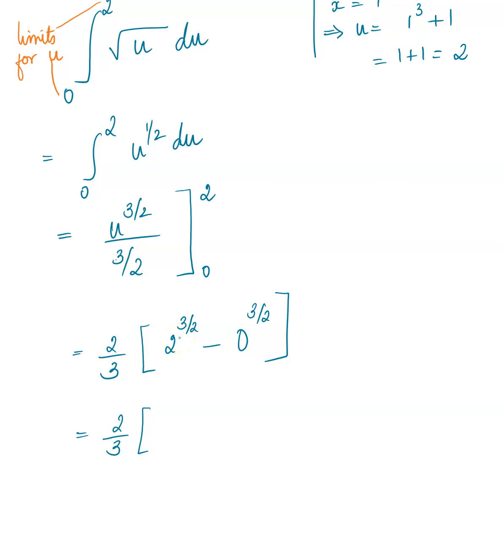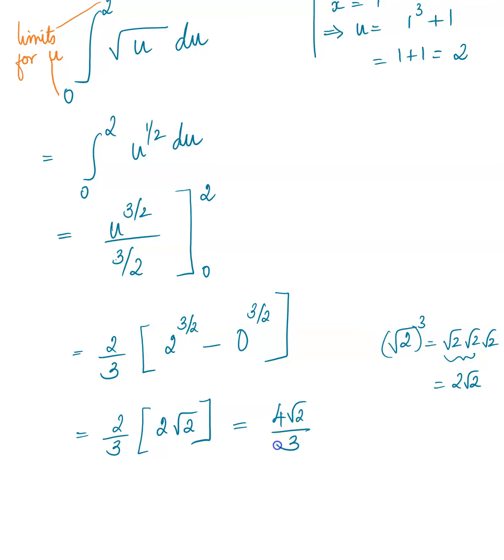Written sideways, that's the square root of 2 the whole cube, which means root 2, root 2, root 2. These two will become 2, so it's 2 root 2. With the 2 outside, this becomes 4 root 2 over 3. That will be the answer from method 1, where you switched your limits for u.